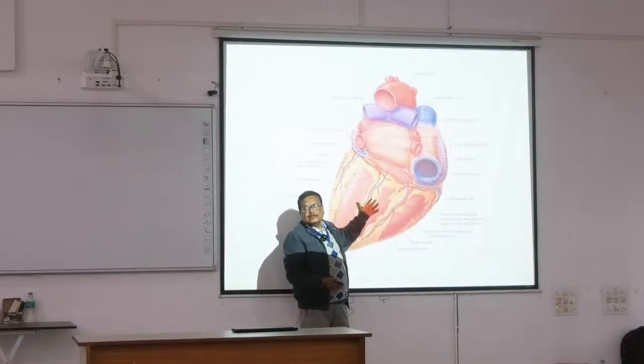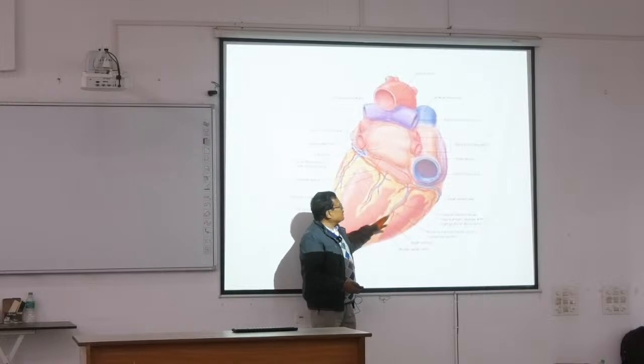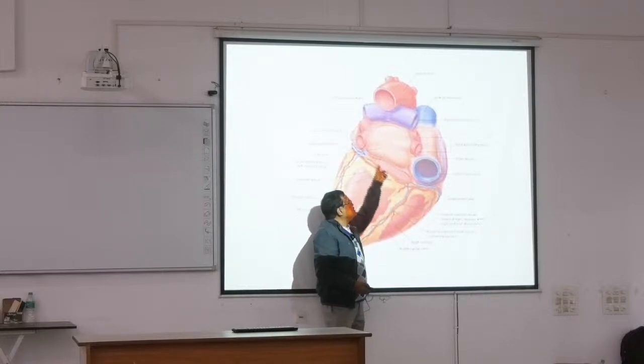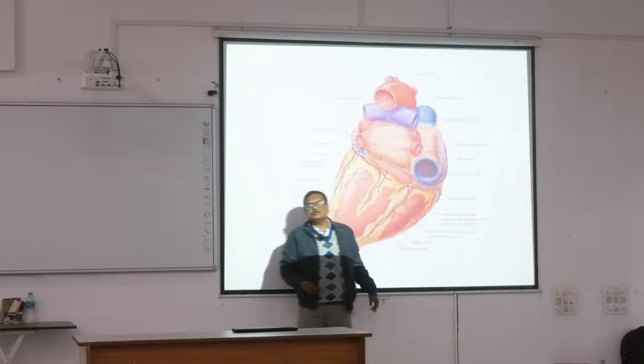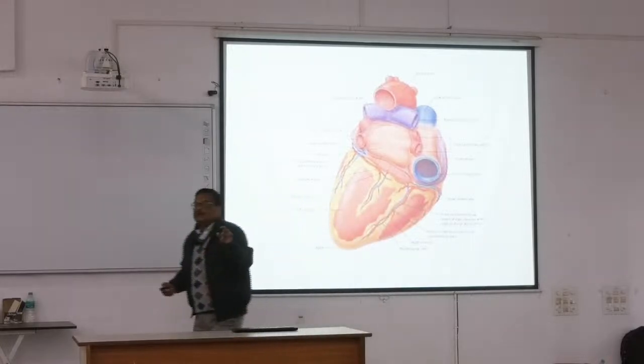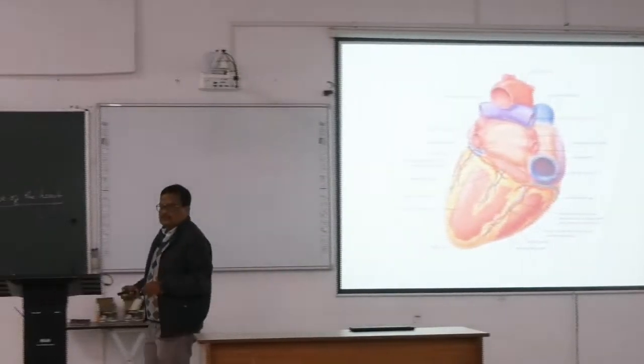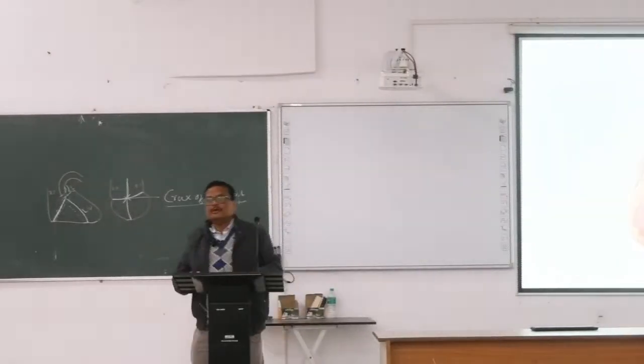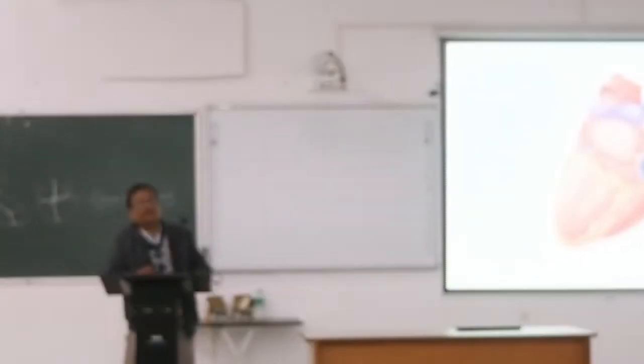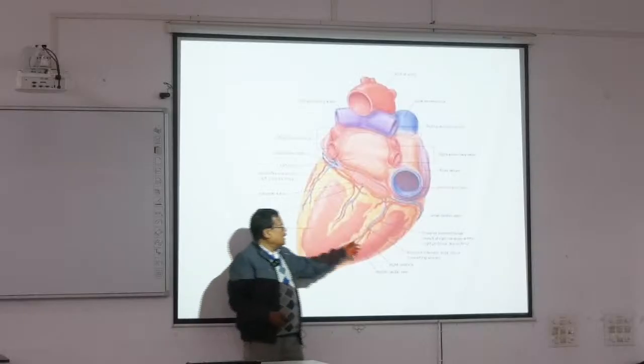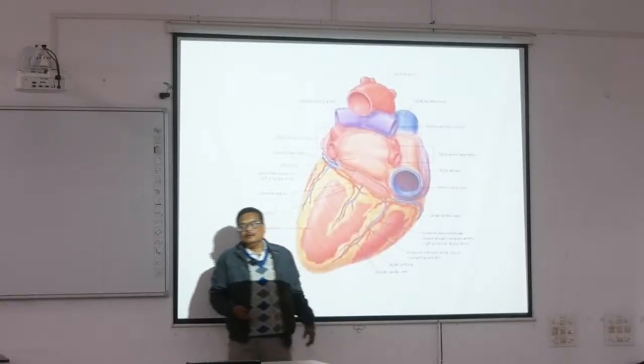This is the posterior part of the interventricular groove, and this is the posterior part of the atrioventricular groove, or it is called the coronary sulcus because here the coronary sinus is located. Another name of the posterior part of the atrioventricular groove is the coronary sulcus because it is occupied mainly by the vein, and this is the right ventricle.